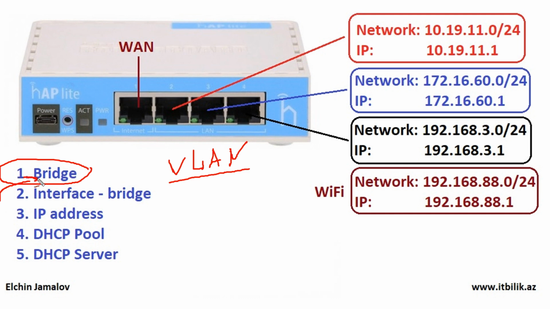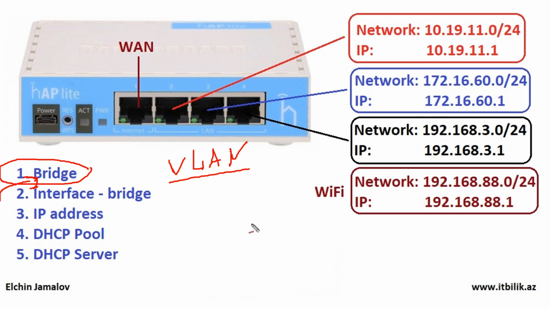With bridges we have higher security than with VLANs. If we use VLANs, there is a possibility of leakage between the VLANs, but in the bridge situation we don't have any issues. But again, the most popular method is using VLANs.